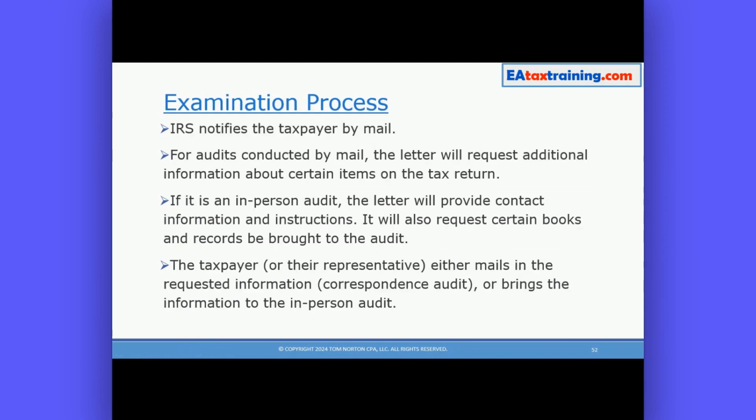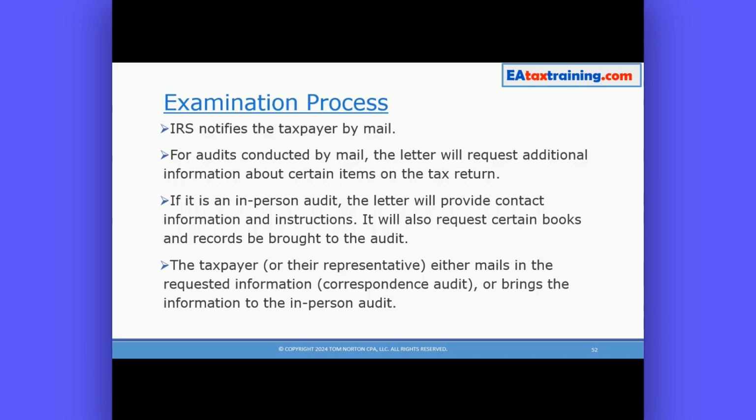So now let's talk about the audit process or the examination process. First thing is the IRS notifies the taxpayer by mail. For audits that are conducted by mail, the letter will request whatever additional information they want for certain items on the tax return. If it's an in-person audit, then the letter will provide contact information for the person at the IRS that they need to talk to.